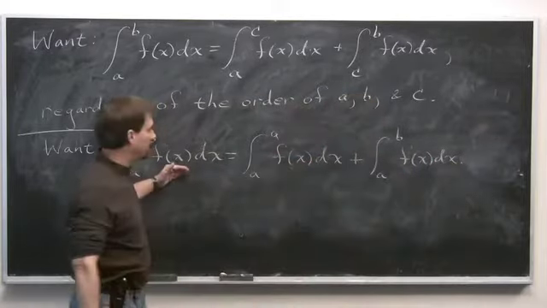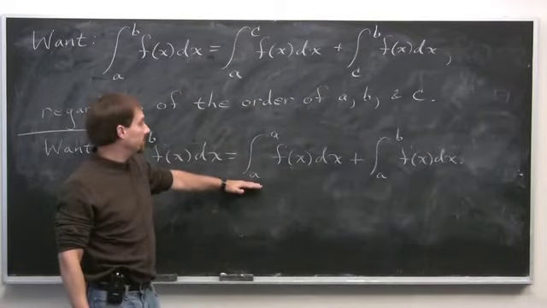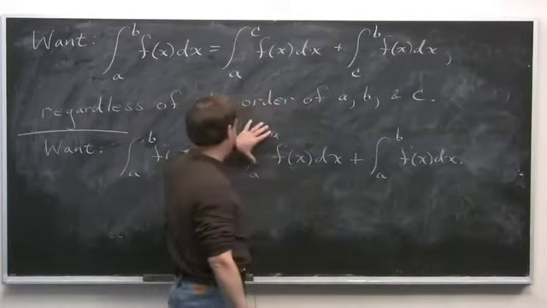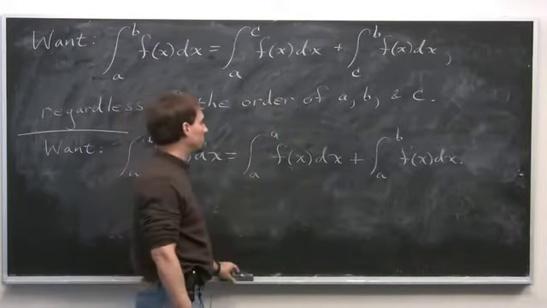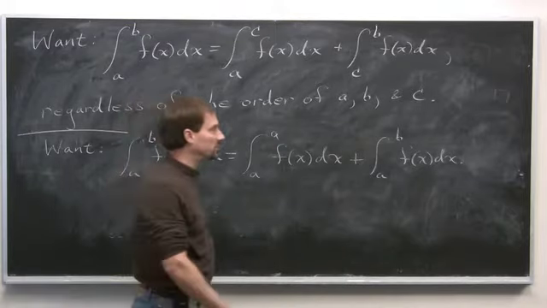Here's the integral from a to b, here's the integral from a to b. We would need the integral from a to a to be 0. So we make that definition that if your upper and lower limits of integration are the same, we define that definite integral just to be 0.